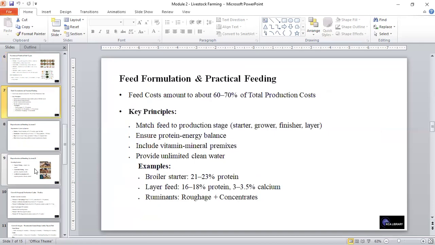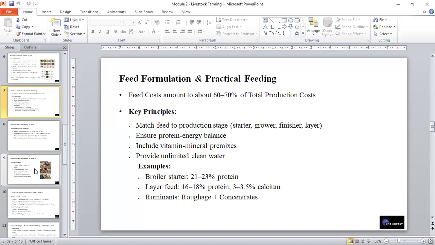Feed formulation and practical feeding. Feed costs about 60 to 70% of the total production cost.